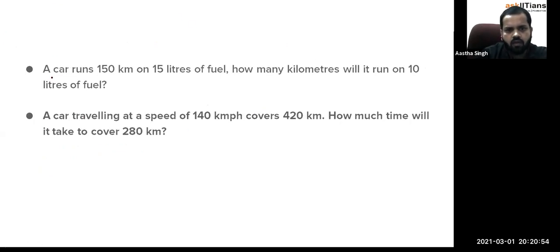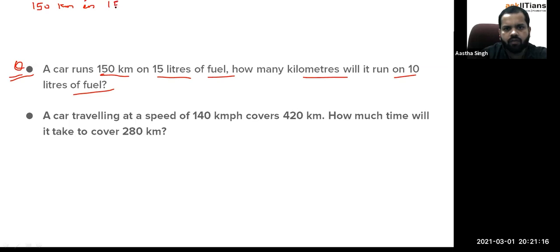Suppose the question is: a car runs 150 kilometers in 15 liters of fuel. How many kilometers will it run on 10 liters? So the car runs 150 kilometers in 15 liters of fuel, and you have to calculate for 10 liters.